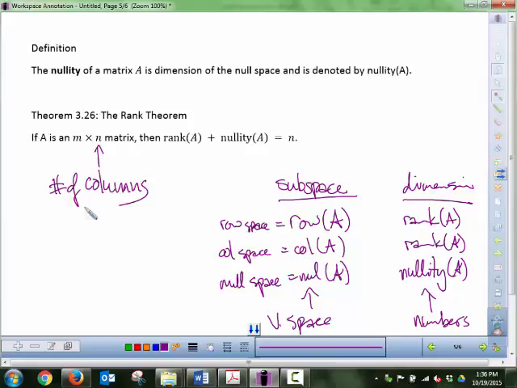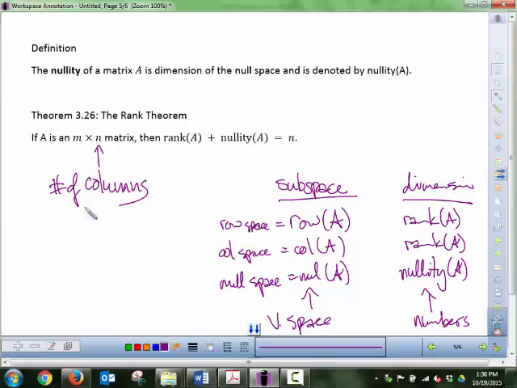This turns out to be a fairly important theorem in theory, and also when you're finding the basis for the row space and null space and getting all these numbers, this is an easy, quick way to check if you're getting it correct.